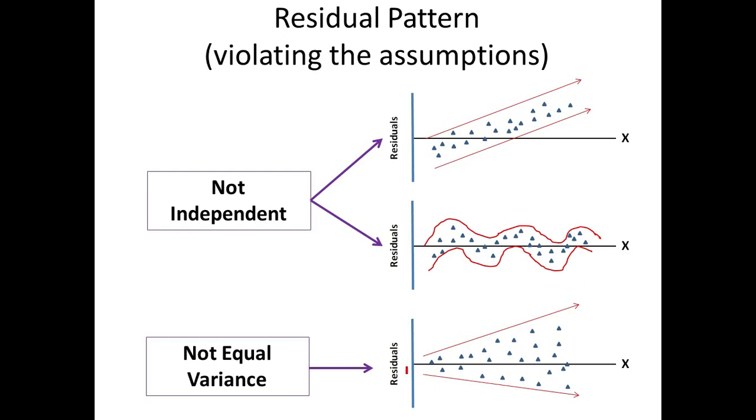Lastly, if the pattern is funnel type, this indicates that the error does not have equal variance. So those are the indicators for the patterns of residual plots that you must be aware of, and they will help you decide whether the regression line or the regression equation is valid to be used or not.